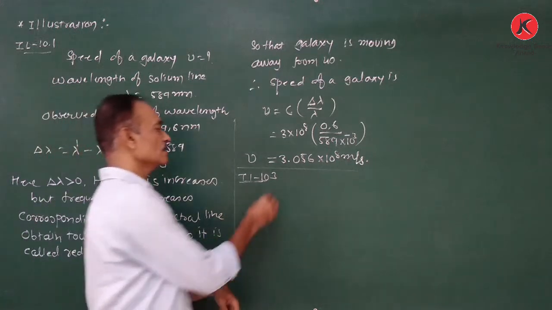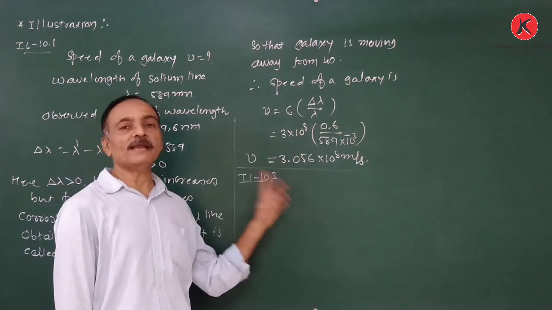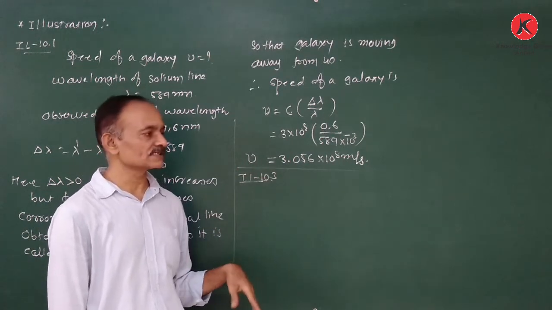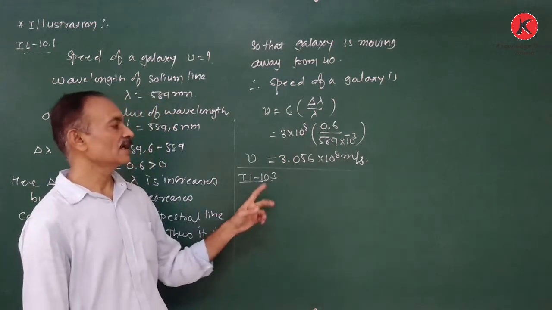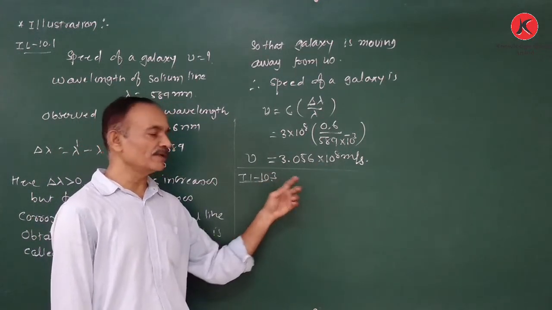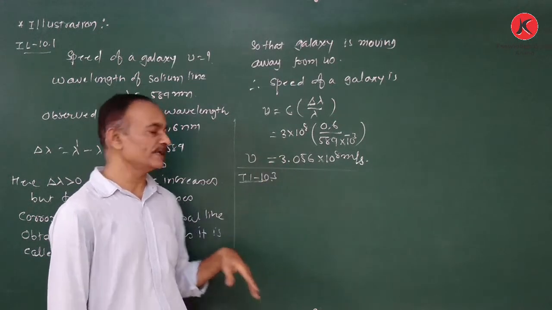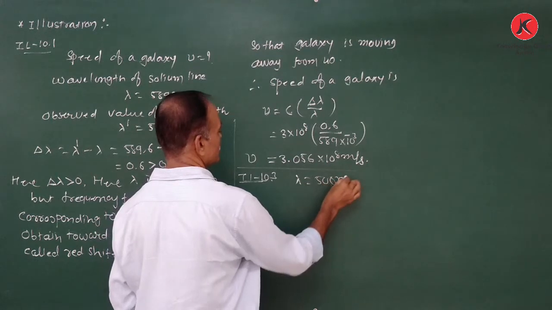Now, what is the separation between the two bright fringes or the two dark fringes? In Young's double-slit experiment, the wavelength used is of green-blue light of wavelength 500 nanometer. Lambda is given as 500 nanometer.